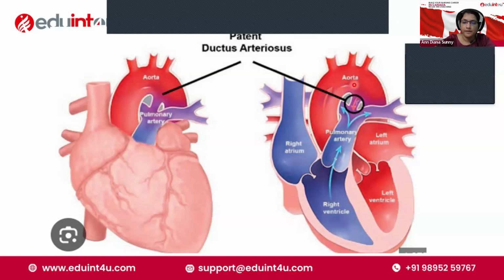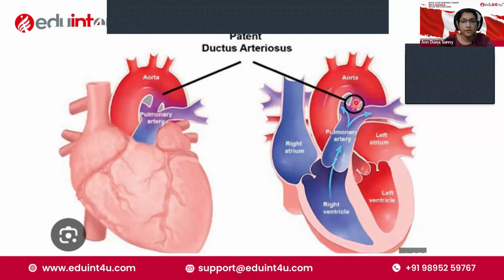But here what happens is there is a connection between the aorta and pulmonary artery. So some amount of oxygenated blood will enter the pulmonary artery through the patent ductus arteriosus. So there is an increased pulmonary blood flow. So this is what happens in a patent ductus arteriosus.